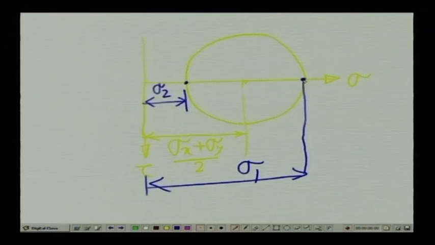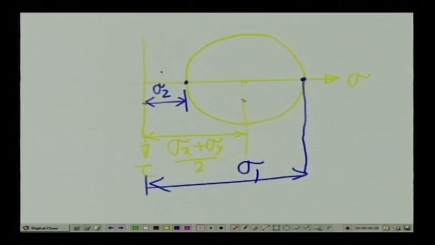Note that in these two planes where the maximum and the minimum normal stress act, the values of the shear stresses are 0. So, the planes where the maximum normal stress acts have zero shear stress, and these planes we call principal planes, as we have seen in other lessons.